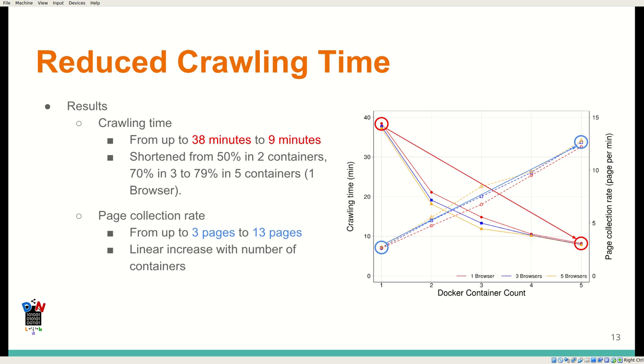Using one browser, crawling time was shortened by 50% in 2 containers, 70% in 3, and 79% in 5 containers. Page collection rate went from up to 3 pages to 13 pages. This increased linearly with the number of containers.